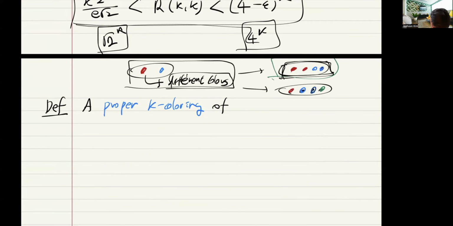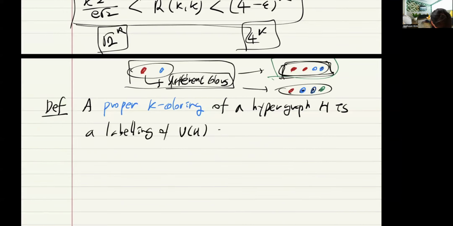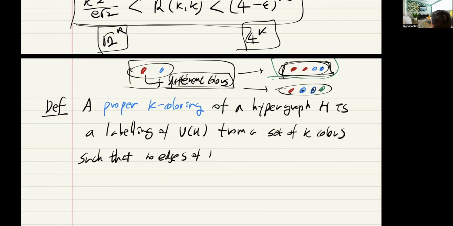A proper k-coloring of a hypergraph H is a labeling of the vertices from a set of k colors such that no edge of H is monochromatic.